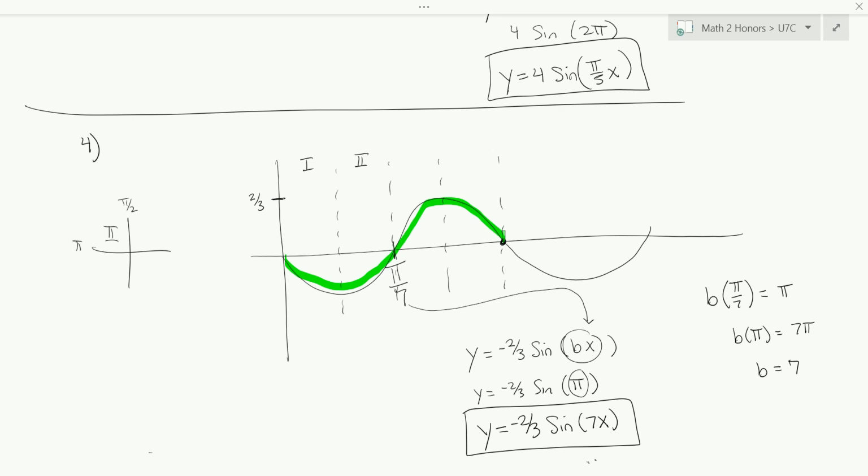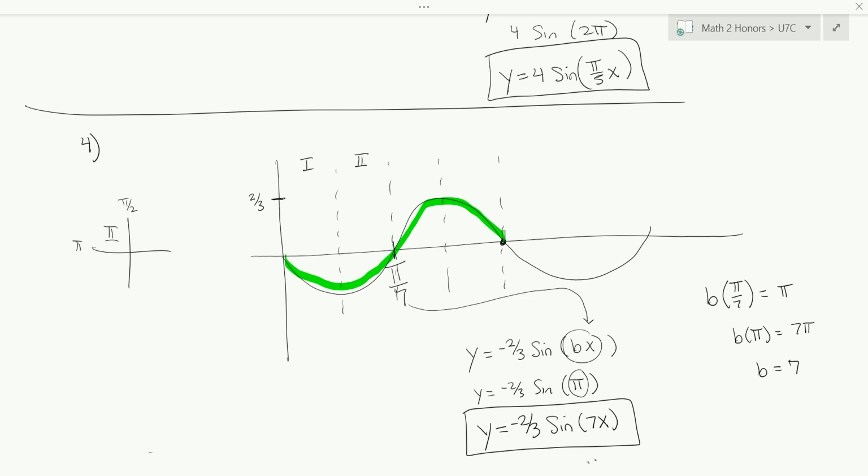That's why I'm putting this right here. I know I need to evaluate it at pi, and so I'm setting bx equal to pi in my equation. That's good. If I gave you pi over 7 here, guys, then where would I be setting bx equal to? 3 pi over 2. That would be right here, at the end of quadrant 3.